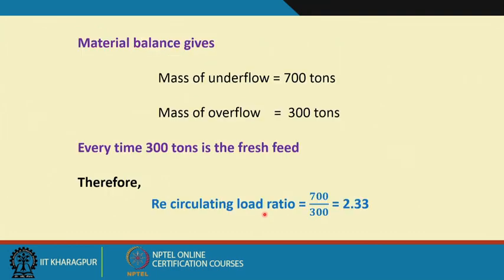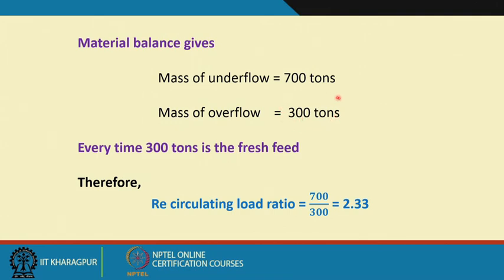Now, if I do a material balance, 70% of the feed is underflow, which means the mass of underflow is 70% of 1000 tons, that is 700 tons. The remaining 300 tons, because it is in steady state, has to go to the overflow. So the mass of overflow is 300 tons. So what will be the fresh feed?